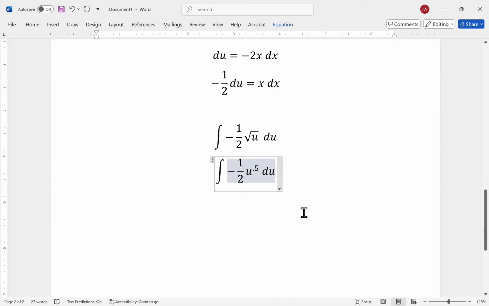And then when I do an antiderivative there, I would get u to the 1.5 power, and then I divide by 1.5. Negative 1/2 divided by 1.5 would give you negative 1/3. So essentially take 1.5 and multiply it times 2.